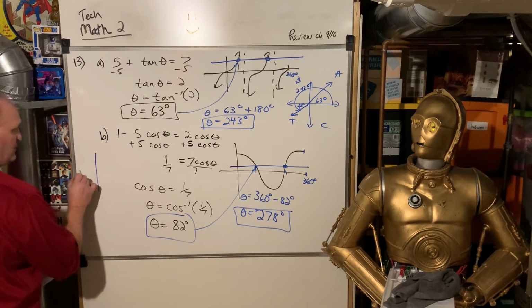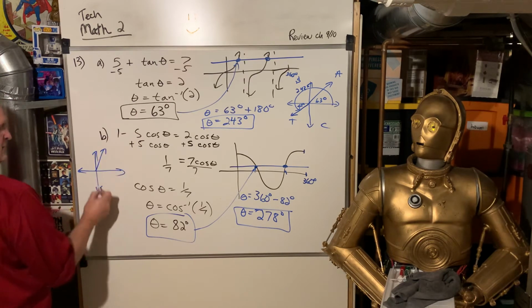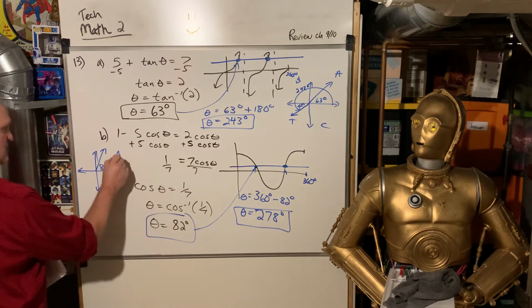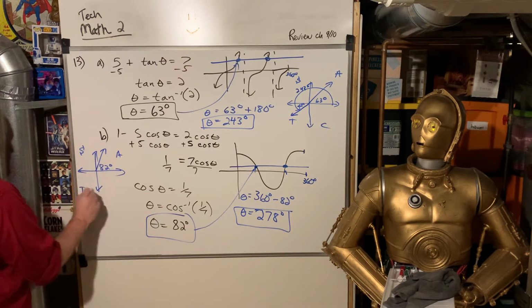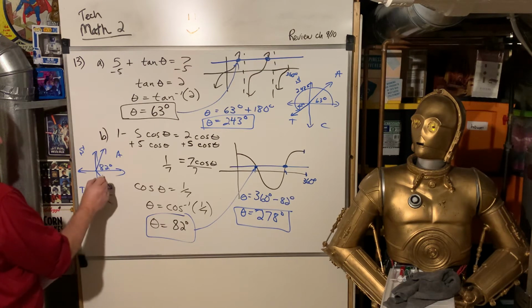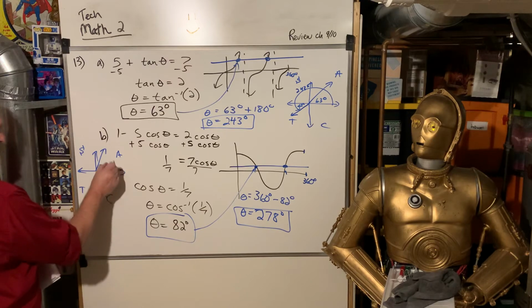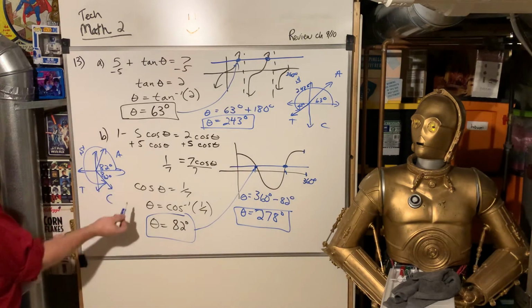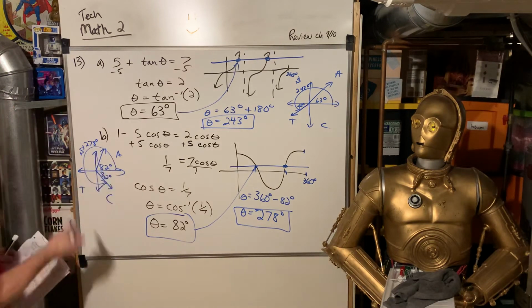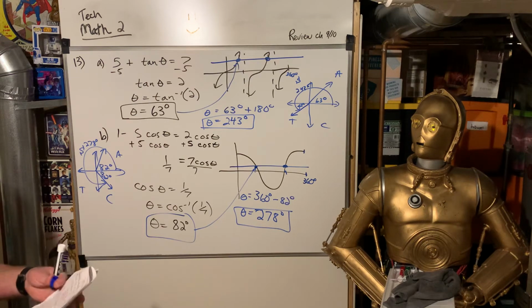So that's why some people gravitate towards doing it this way and saying, okay, well, I knew 82 degrees was in the first quadrant, all-star trig class, and so cosine is also positive in the fourth quadrant, and I got 82 degrees there as a reference angle, so then go around that way. That's 360 minus 82, that's the 278 that way. So some people think that's way easier. Whichever way you like, do it whichever way you like, okay?